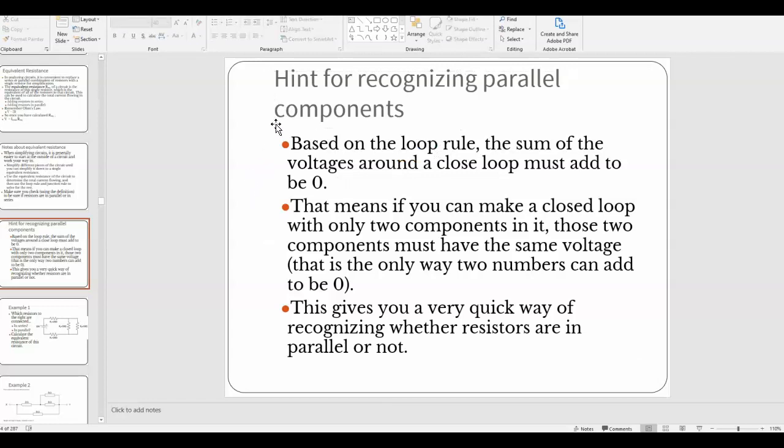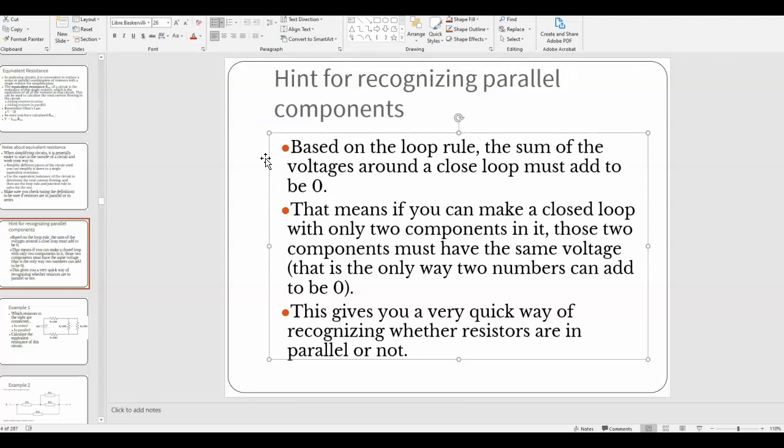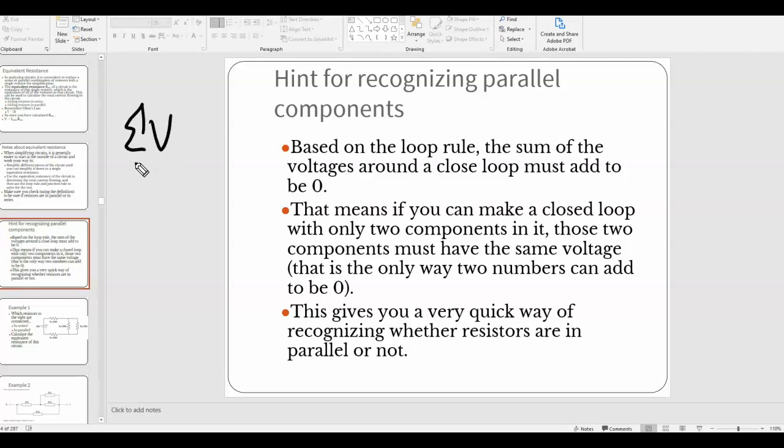But basically, here is a trick for very quickly being able to recognize if components are parallel with each other. And it all goes back to Kirchhoff's second law, the loop rule. The loop rule says the sum of the voltages along a closed loop has to add to be 0.